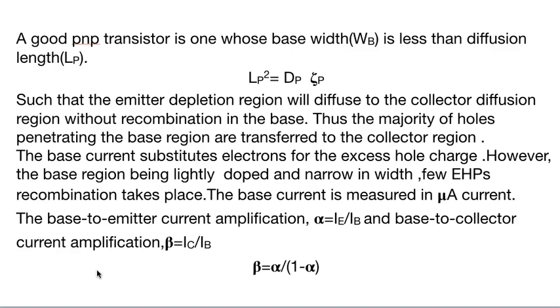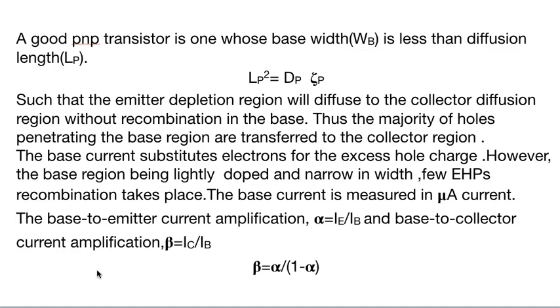The base current supplies electrons for the excess hole charge. However, the base region being lightly doped and narrow in width, few electron-hole pair recombinations take place.